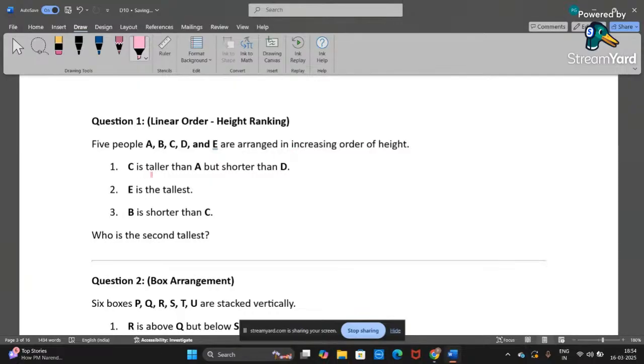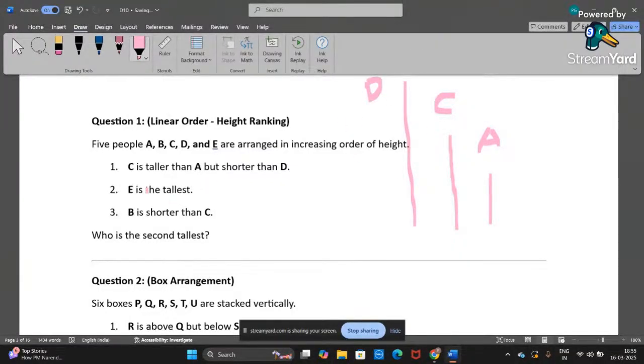C is taller than A but shorter than D. Yes, right.